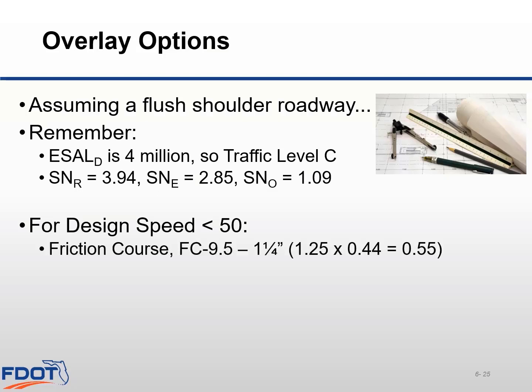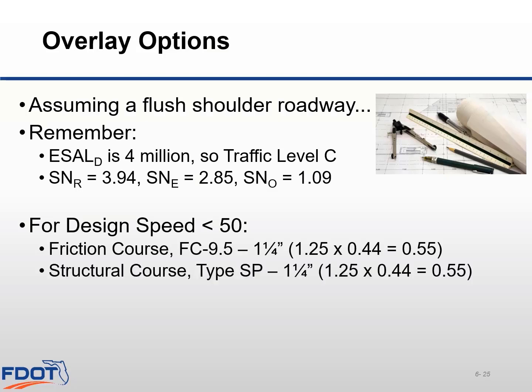So the friction course will be 1¼ inches of FC 9.5, which gives us a structural value of 0.55 for that layer. The structural course will also be 1¼ inch thick, which will also provide us with a structural value of 0.55 for the layer. Adding both of the overlay layers together, we get a total overlay structural value of 1.1, which checks out since it's greater than the overlay structural number we previously calculated.